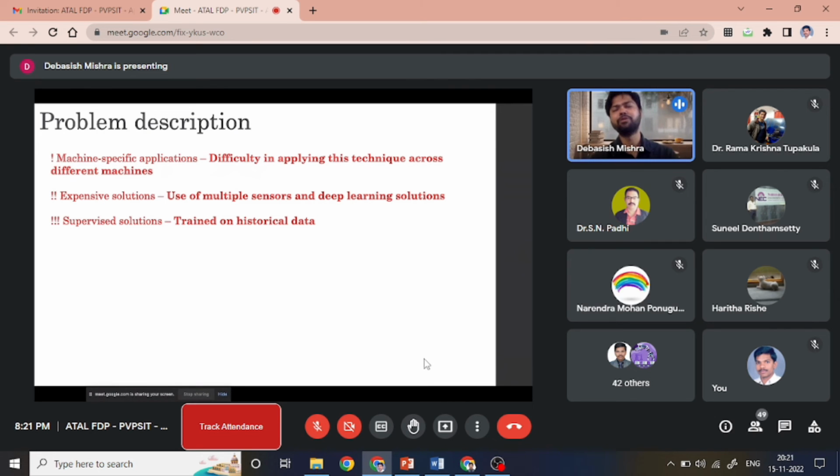By machine specific, we mean that they are not translatable from machine to machine, or the features of the signal processing methods, even the machine learning models that are developed, are not translatable. Many solutions regarded nowadays are expensive. They make use of multiple sensors, huge amounts of data and deep learning solutions, and they are trained on historical data.